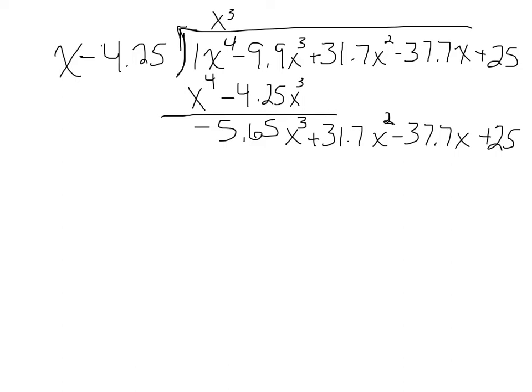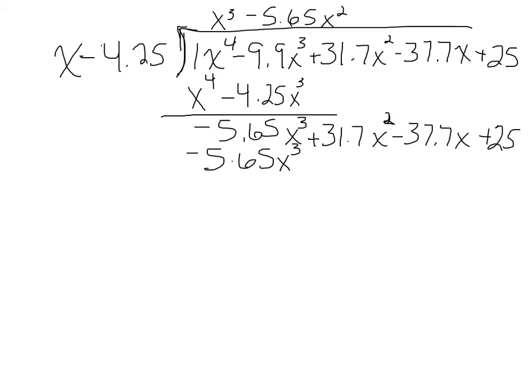All right, I have x. I want a negative 5.65x^3, so I'm going to put a negative 5.65x^2. Multiply 1 times a negative 5.65. X squared times x is x to the 3rd.